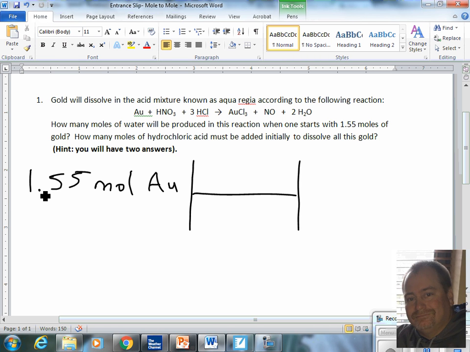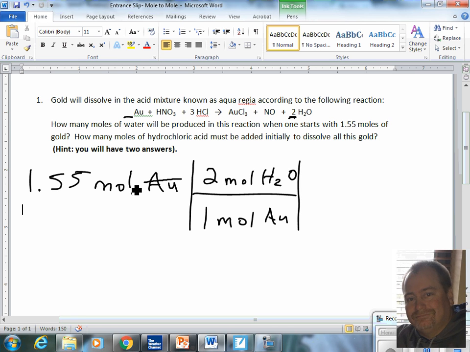I know that I want moles of gold to cancel. How many moles of gold do I have up here? One mole of Au, which is gold, and I want to get this into moles of water. How many moles of water do I have up here? 2.